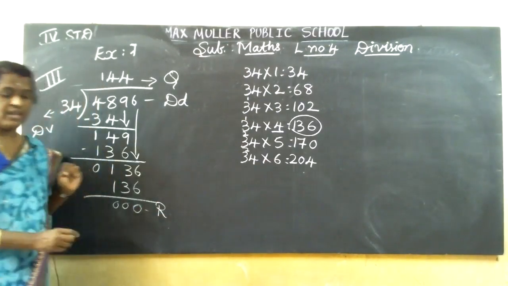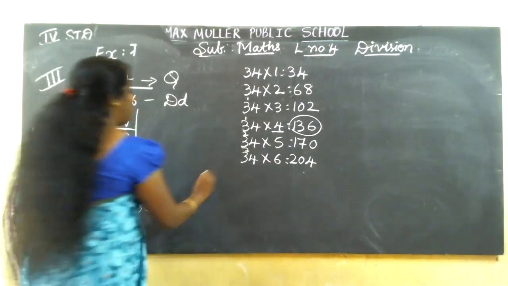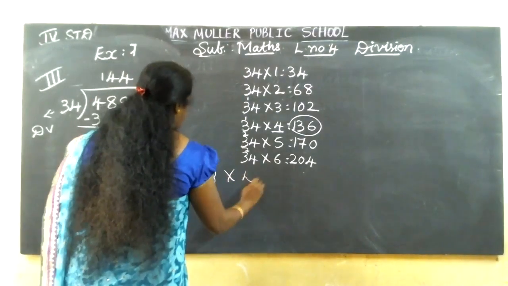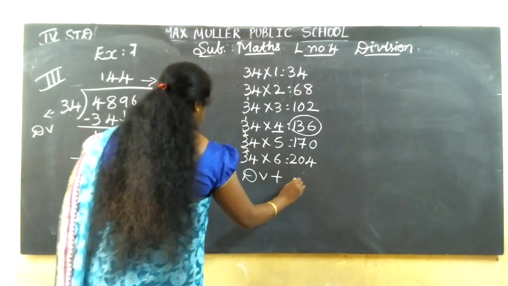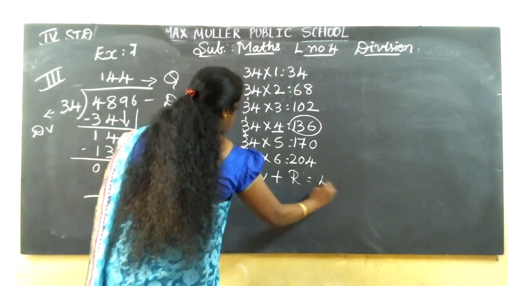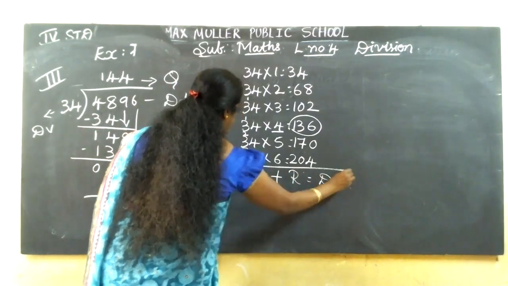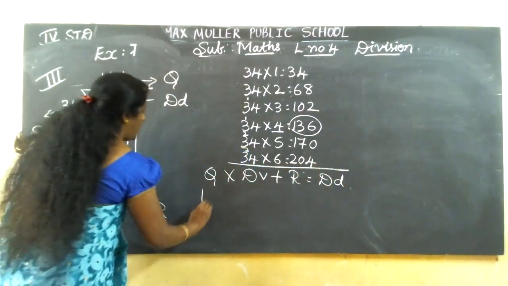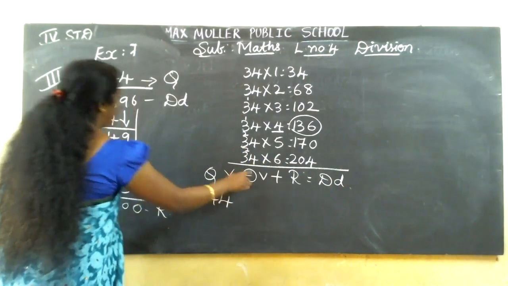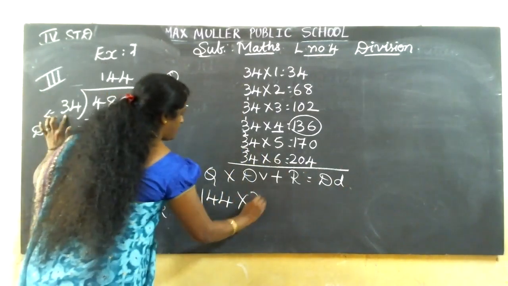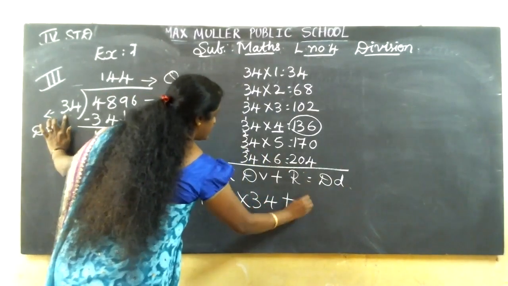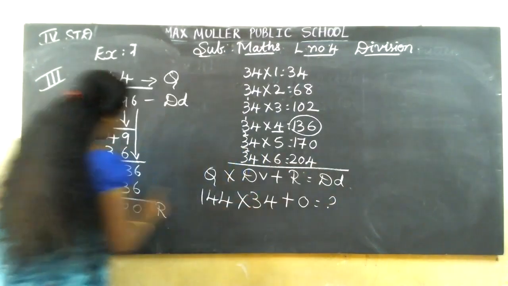How you should check the answer? As I told, quotient into divisor plus remainder equals dividend. The quotient is 144. Divisor is 34 plus 0 because remainder is 0.